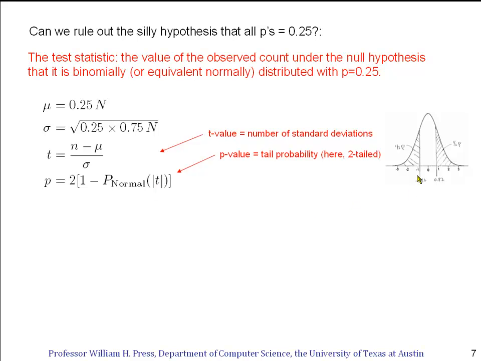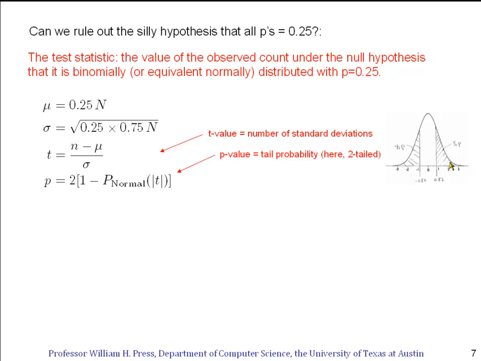Now, why have I also shaded this left-hand piece here? Because the way a p-value test works is we want to know the probability of seeing data as extreme or more extreme than what we actually observe. And we have to make a decision about what we mean by extreme. We've discussed this before. If we have way more counts than we expect under this model, then we would be in the area of the curve on this side.